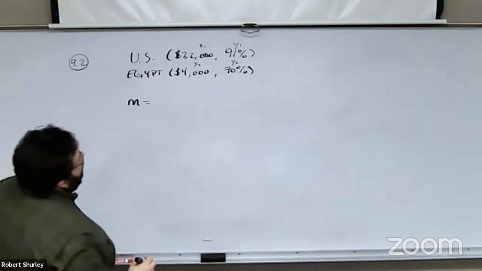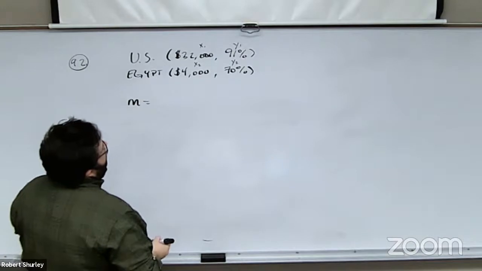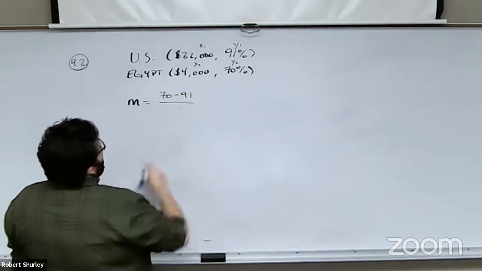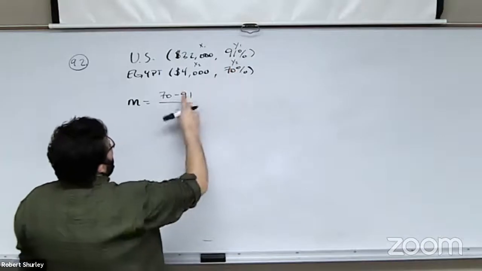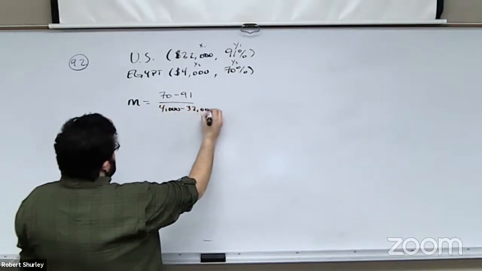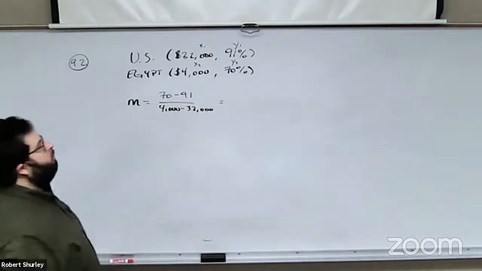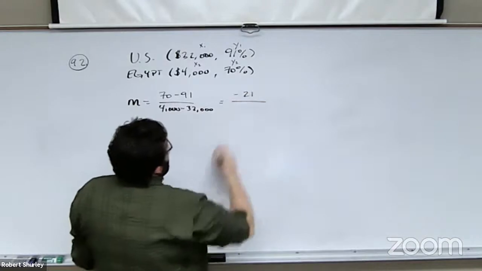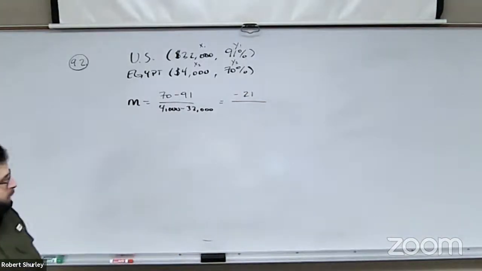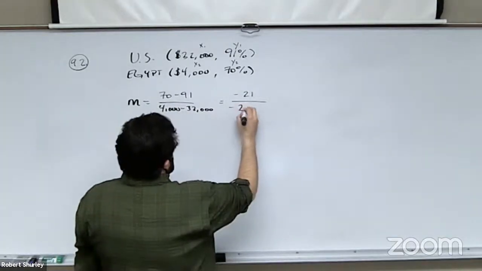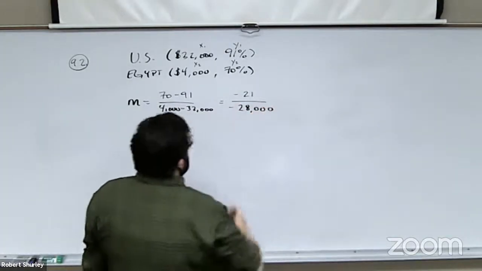So this would be 70 minus 91, right? y2 minus y1, over 4,000 minus 32,000. So 70 minus 91 is negative 21, I believe. 4,000 minus 32,000, that would be negative 28,000.